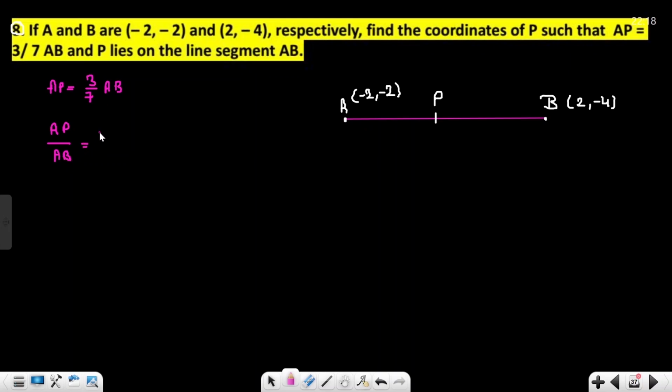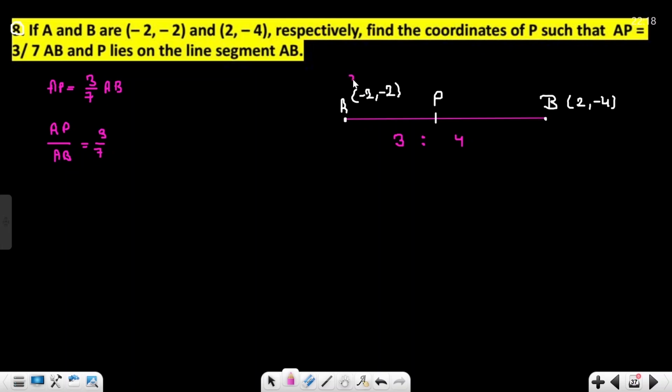AP divided by AB is equal to 3 divided by 7. So it's the ratio of AP and AB. AP is 3 units and the whole AB is 7 units. If AP is 3 units, then PB is 4 units. So we get the ratio 3:4.